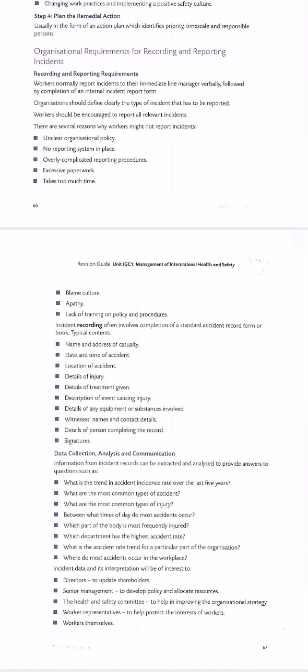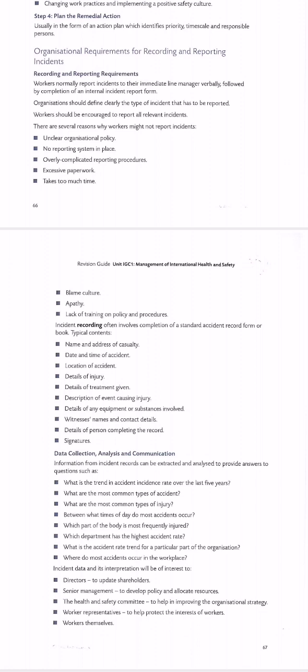Then lack of training on policy and procedure. Maybe the person doesn't have the knowledge of how to write these policies and procedures. Then I'm going to talk about incident recording, which often involves completion of a standard accident record form or book.